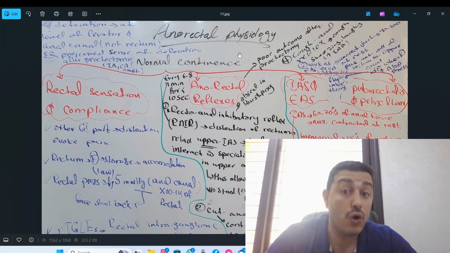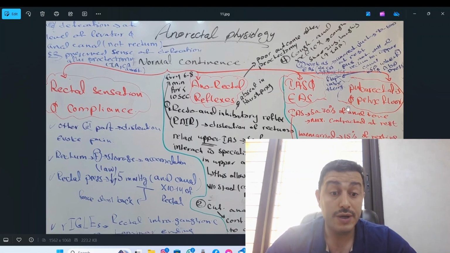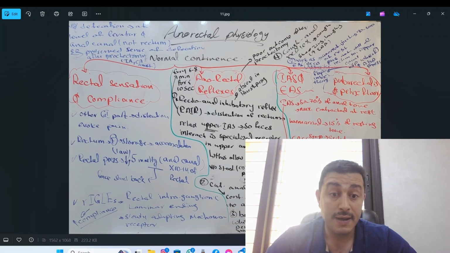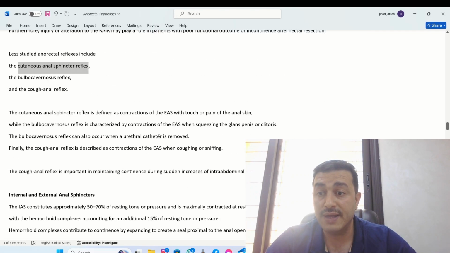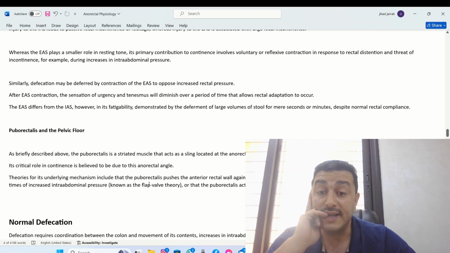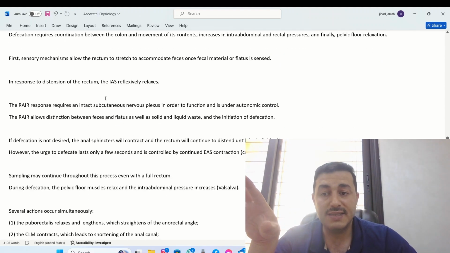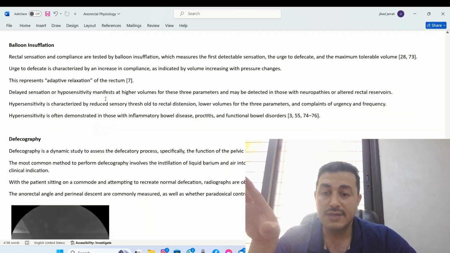So this is how continence occurs: rectal sensation, compliance, reflexes including the rectoanal inhibitory reflex, function of the internal and external anal sphincter, and function of the puborectalis muscle. The external anal sphincter fatigability is more than the internal anal sphincter. Okay, I hope you understand how the puborectalis participates in the continence.